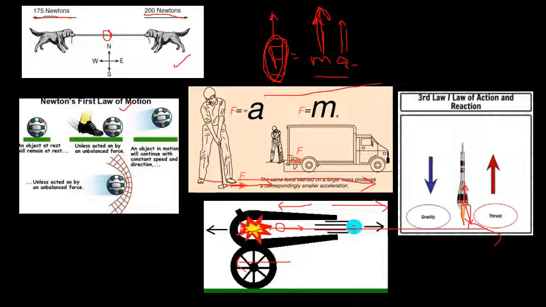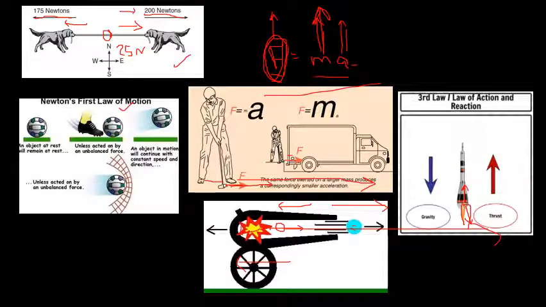If I have 200 newtons going to the right and 175 newtons going to the left, well, they kind of cancel each other out, but because there's a little bit more force going to the right, the net force of this rope will be 25 newtons to the right. The rope will move to the right. The dog on the right will win the tug of war, and it would be the same as if I applied a 25 newton force to the right with nothing on the left-hand side.